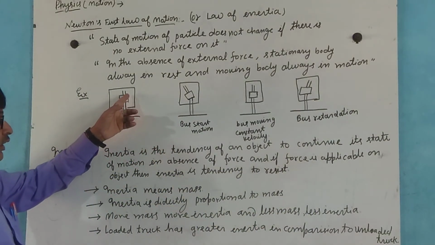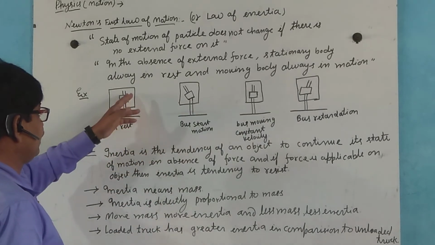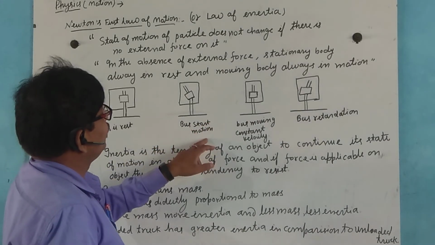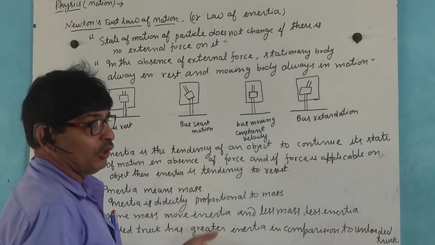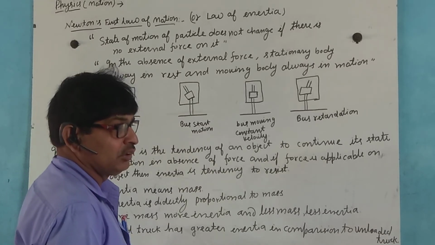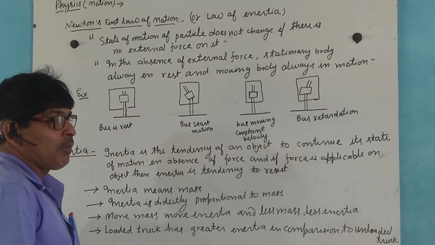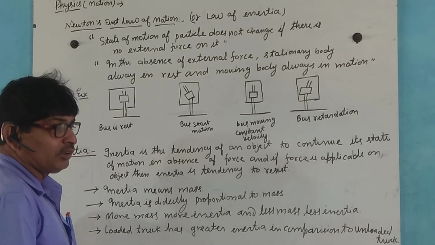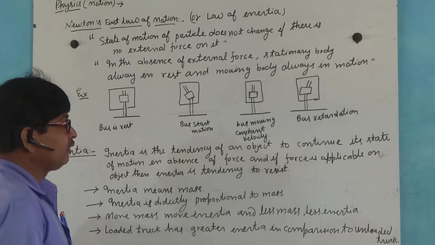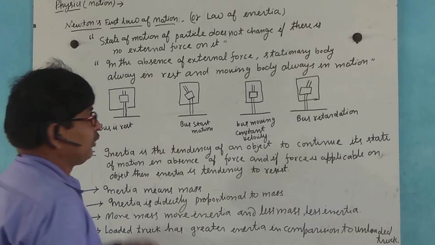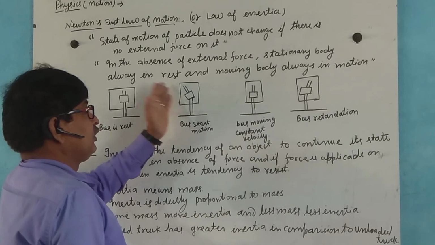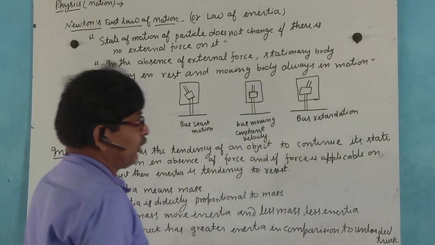The man inside is in a standing position, and if the bus comes in motion, then the portion in contact with the bus moves forward, but the upper half portion bends in the back position.